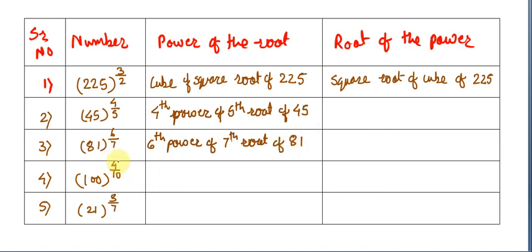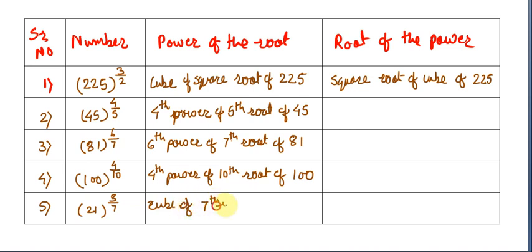Now see the numerator, fourth power of, denominator is 10th, 10th root of 100. Then see the numerator, cube of seventh root of 21.